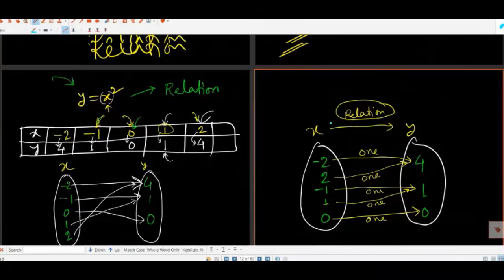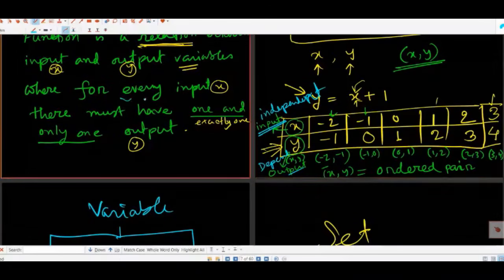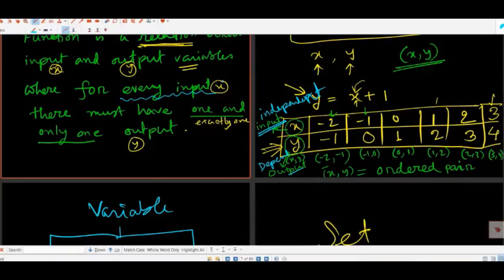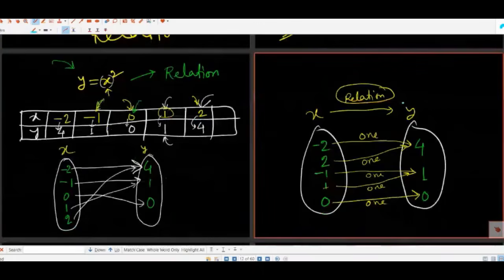But for every input of x, there must be one and only one output, exactly one output. For every input, there must be one output. If this condition holds, then we can say the given example is a function.